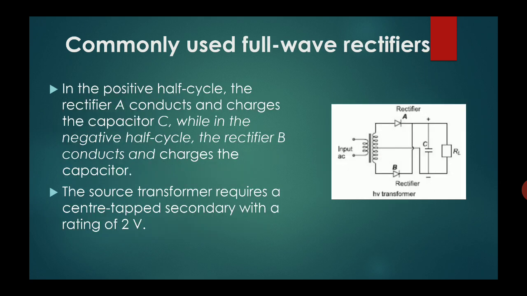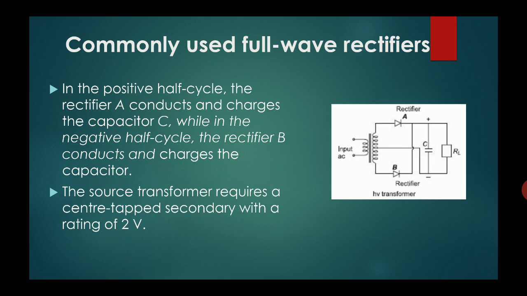Okay, now we'll talk about the full wave rectifier. A full wave rectifier is similar, but it works on two sides because it takes care of both the positive half of the cycle and the negative half of the cycle. So in the positive half of the cycle, rectifier A, just look at the figure, conducts and charges the capacitor C, while in the negative half of the cycle, rectifier B conducts and charges the capacitor.